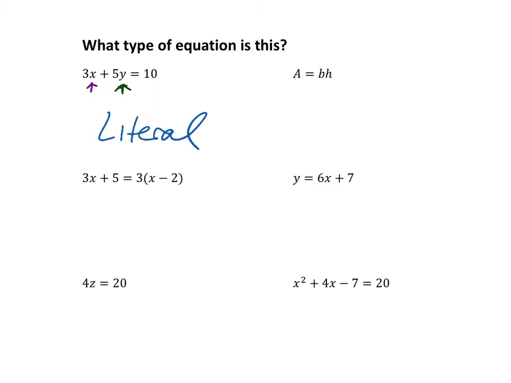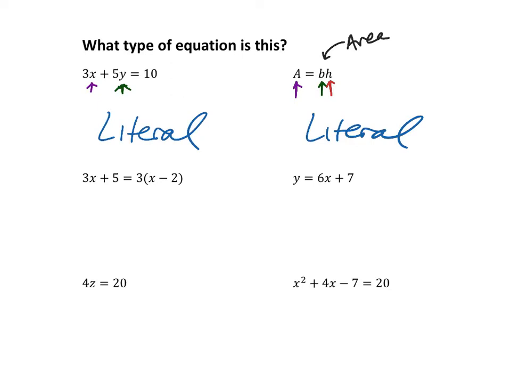In the second one, you have actually three. You have an a, b, and an h. Since there's three types of variables here, this is also a literal equation. And yes, fun fact, that is the area formula you learned about last year. Most formulas are actually literal equations.